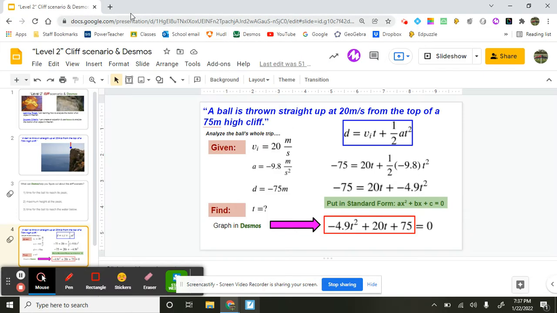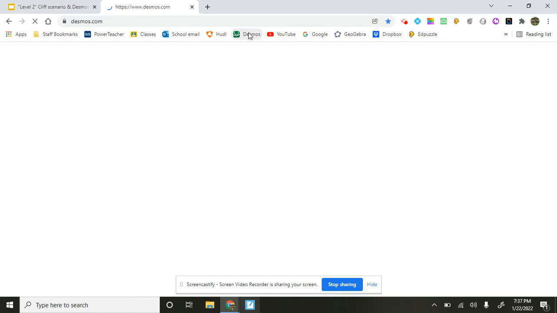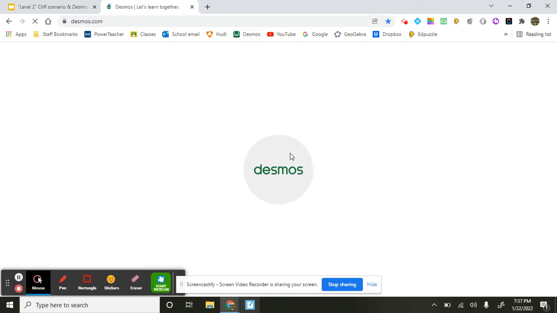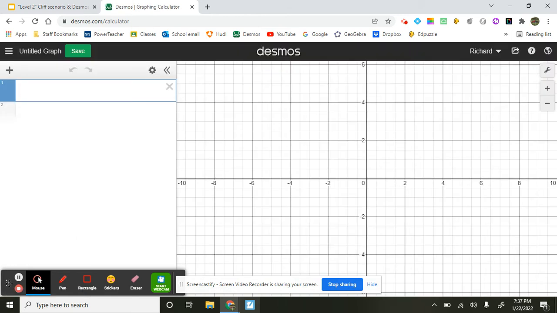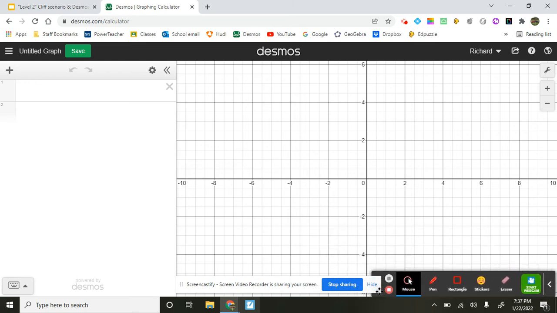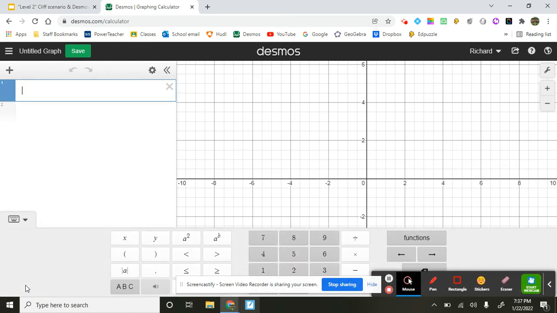So let's pull up Desmos for that. Graphing calculator. So now we're going to put our equation in.